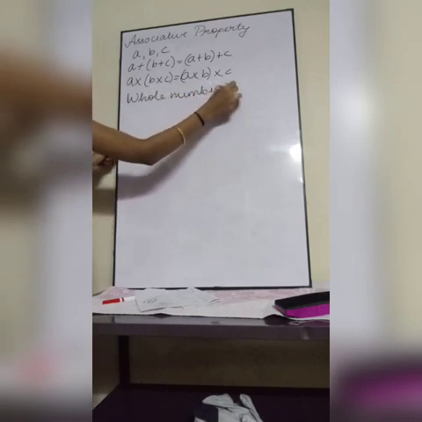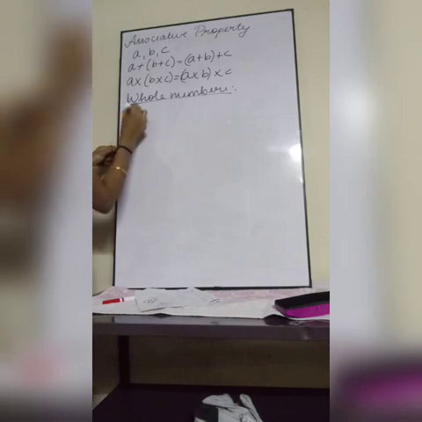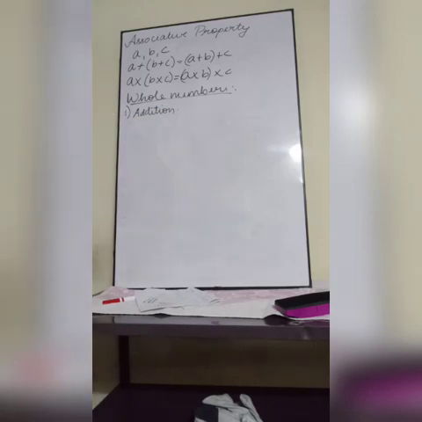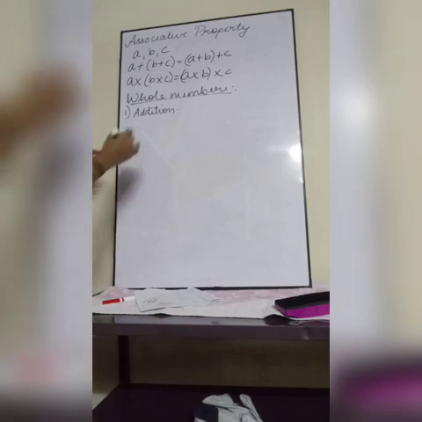So now first for addition. I told you addition will satisfy the associative property. What are all the properties the whole number satisfies for commutative, that all will satisfy for associative also. Here in addition, whether commutative is satisfied? Yes.